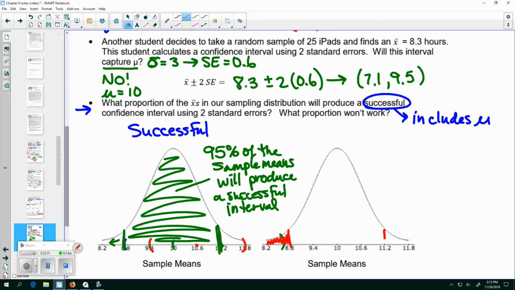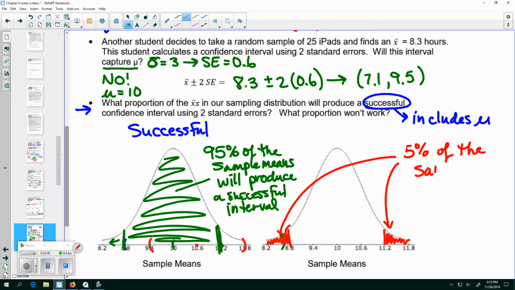So if you're beyond 2 standard errors and you do this procedure, then this remaining 5% are going to have, it's not 50, but 5, confidence intervals that are not successful. So 5% of the sample means will not produce successful intervals.